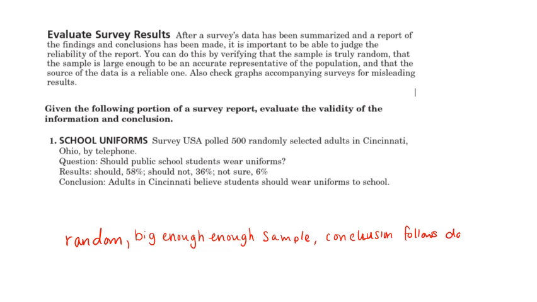Because of all these things, I would say this is a valid conclusion. It was random, there was a big sample, and my conclusion matched the data. 58% said they should, and only 36% said they should not.